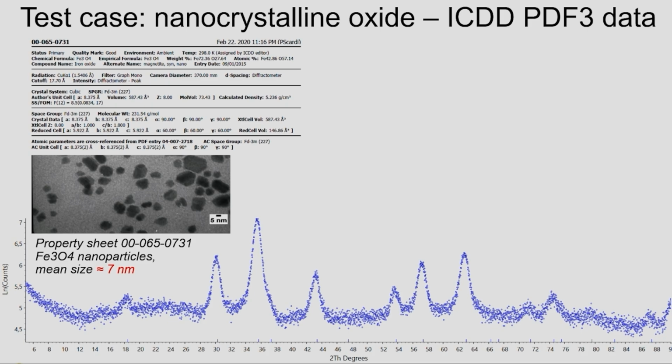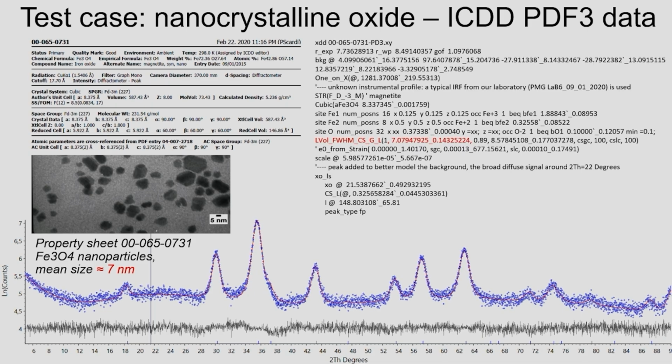So we model this using Topas, and as you see, the upper part is background and other things we don't care about. The structure is very simple. As you see, the iron atomic coordinates and oxygen. So this is the structural part above. And L-vol giving about 7 nanometers. This looks comfortable. If you feel good, say, oh, good.